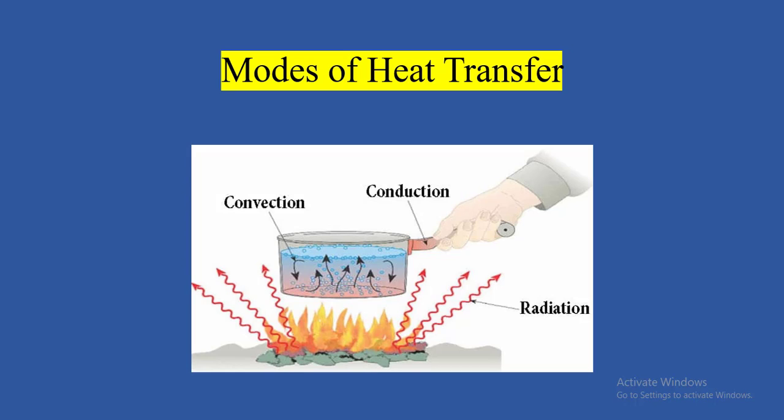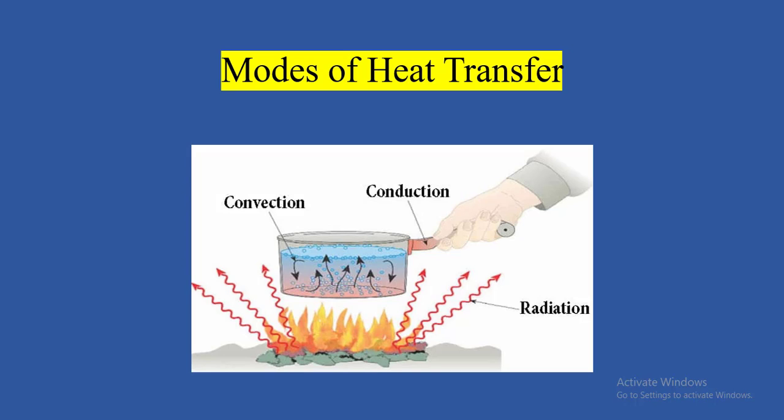In order to discuss the thermal analysis, we first need to discuss what the three modes of heat transfer are. The three modes of heat transfer, as you can see on your screen, are convection, conduction, and radiation. The flow of heat transfer in each of these modes is different.